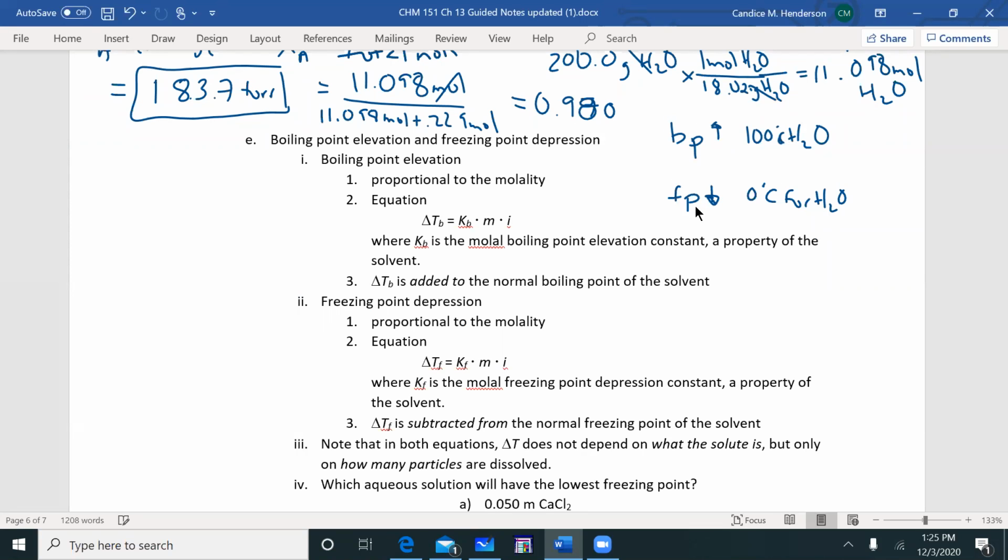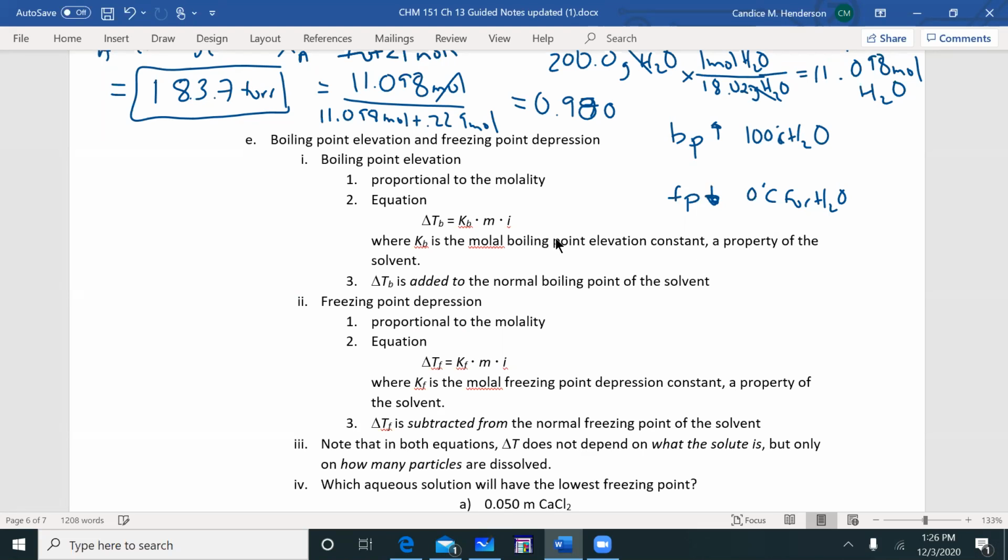If I have ice outside, it freezes at 0 degrees Celsius, right? But if I throw some salt on there, now I've created a solution where the freezing point drops. So instead of freezing at 0 degrees Celsius, let's say it freezes at -5 degrees Celsius. And let's say it's only -1 degree Celsius outside. So now the freezing point is lower than the temperature outside. The water will melt.